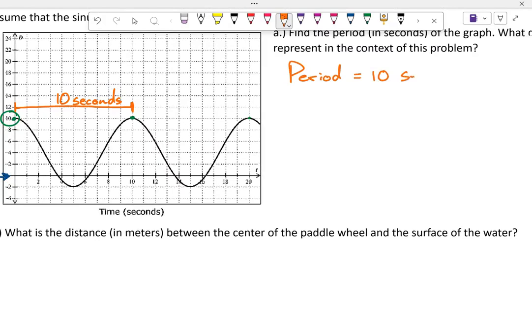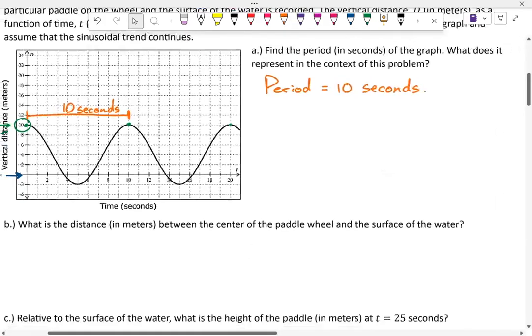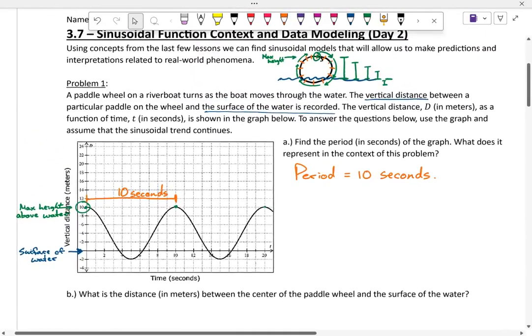equals 10 seconds. Now, what does this represent in the context of our problem? What is 10 seconds? So if we start at our max, that's how long it takes to go back to the max. I think, what did you call it, Holden? A full rotation, right? It's how long it takes for that paddle to go around that full wheel, to make that full rotation. Okay?